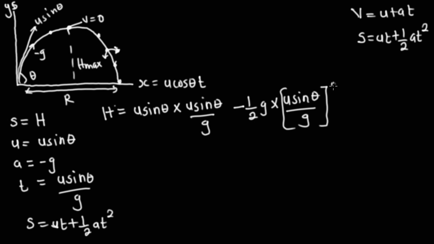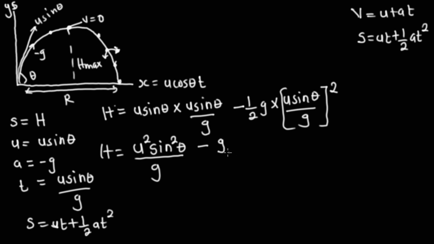Remember, the t is squared, so we square it. So h is equal to u sine theta multiplied by u sine theta, which gives us u squared, sine theta multiplied by sine theta gives sine squared theta, over g.